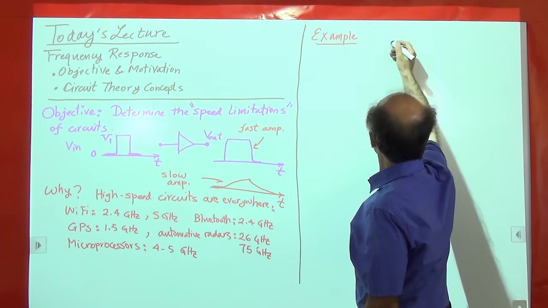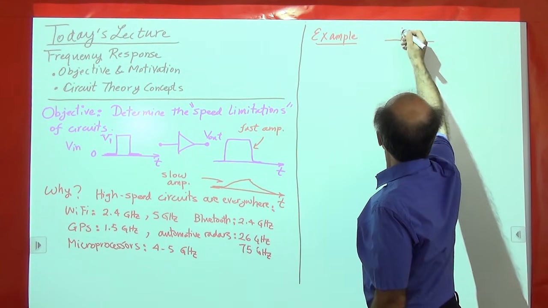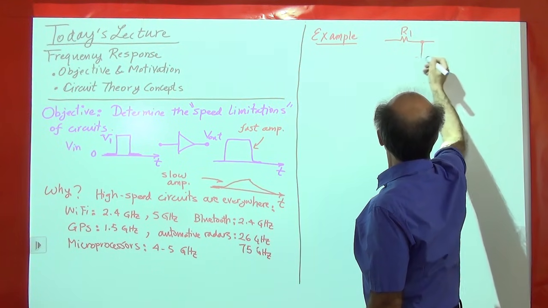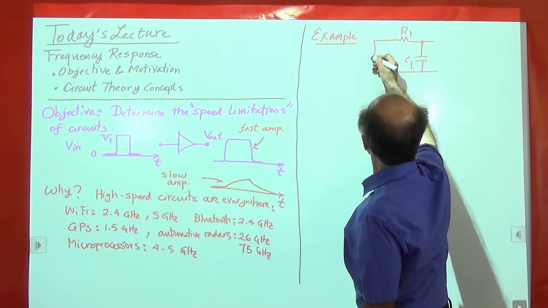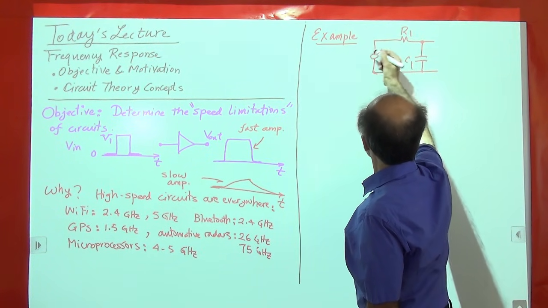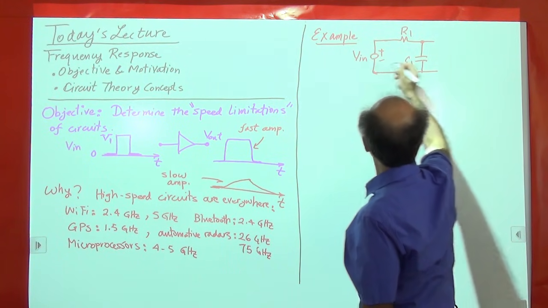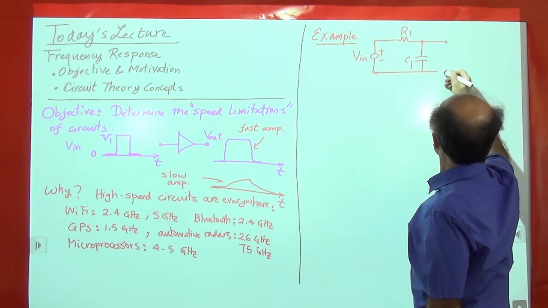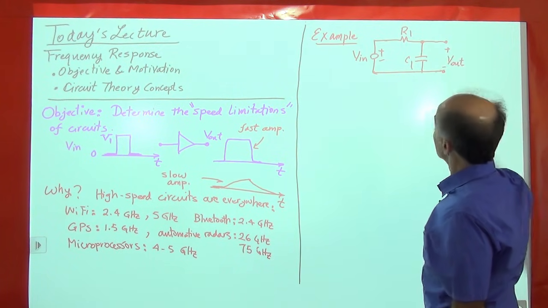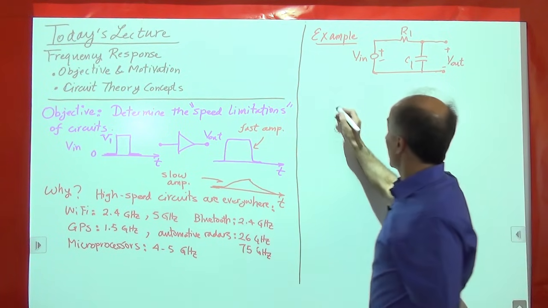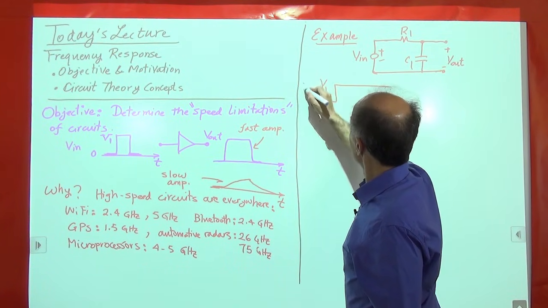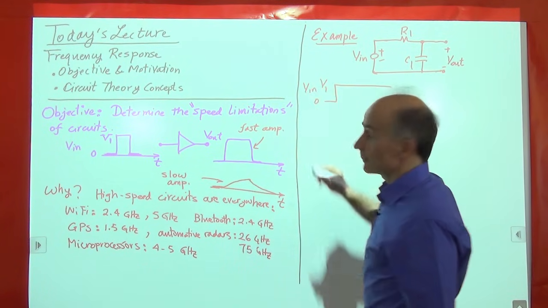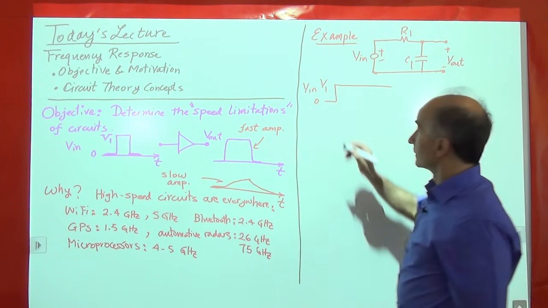Yes, if you take a simple resistor and a capacitor network like this, and we give it, for example, a step, so V in, and we look at this output, V out. So if V in is a step, 0 to V1 as a function of time, what does V out do?